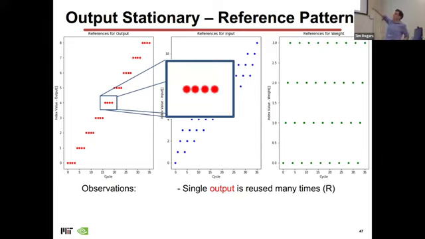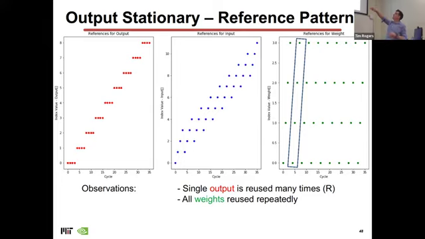Now, what happens to the rest of the stuff? So if we look at the weights, there are 4 weights here represented by these 4 indices, and the weights end up getting reused in this sort of fully used pattern, right? So on the first cycle, I'm using weight 0. And then on the next cycle, I'm using weight 1. And then on the next cycle, I'm using weight 2 and then weight 3.